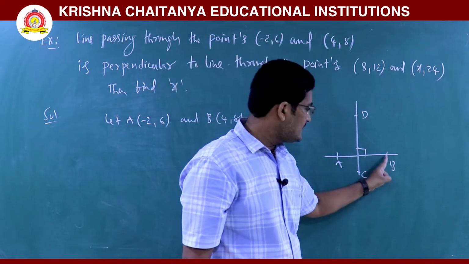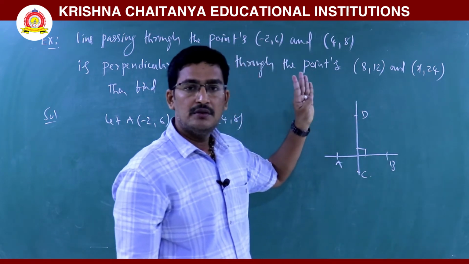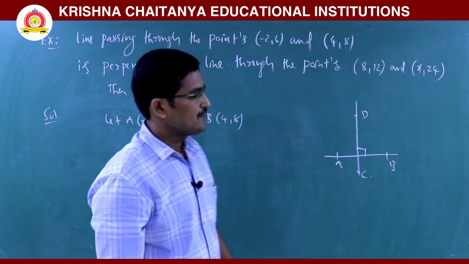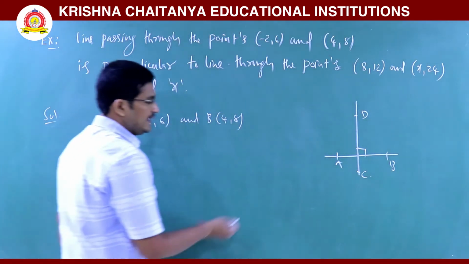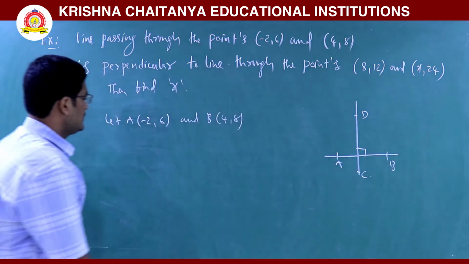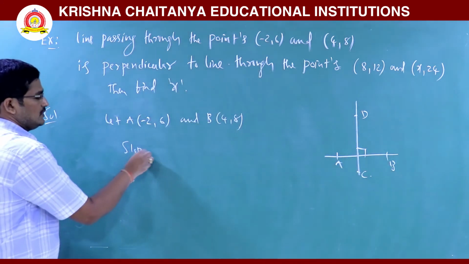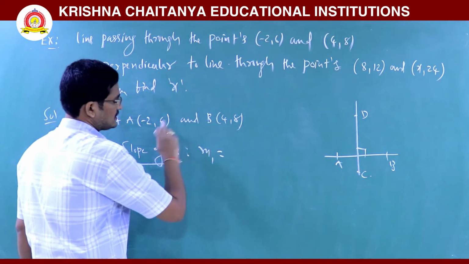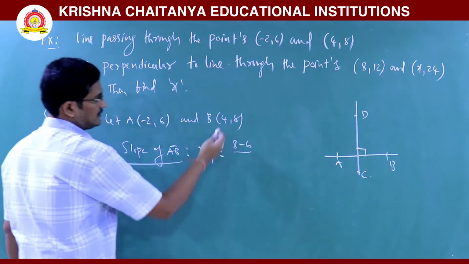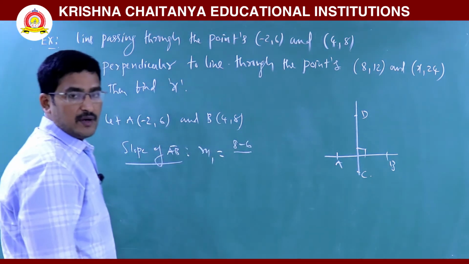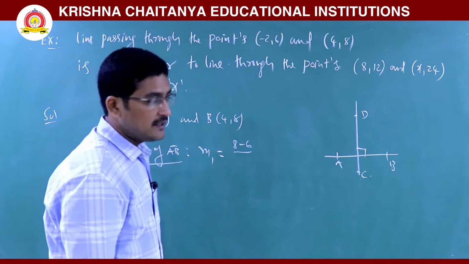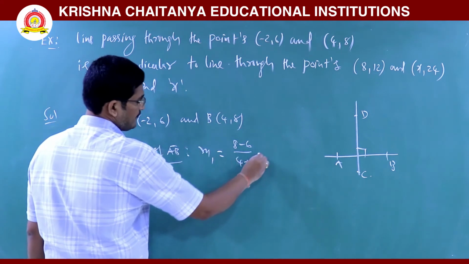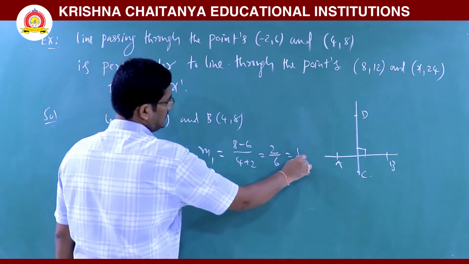Suppose the slope of AB bar is m1, the slope of CD bar is m2. Because those two are perpendicular, m1 into m2 equals minus 1. You know about that one. So first I am finding the slope of AB bar, which is m1. m1 is equal to y2 minus y1 by x2 minus x1, I already explained in the last session. 8 minus 6 by 4 minus minus 2, that is 4 plus 2, so 2 by 6, that is 1 by 3.